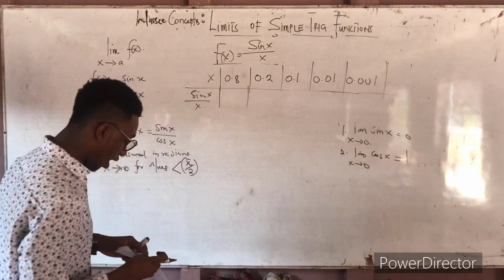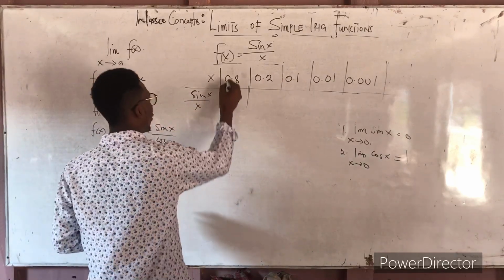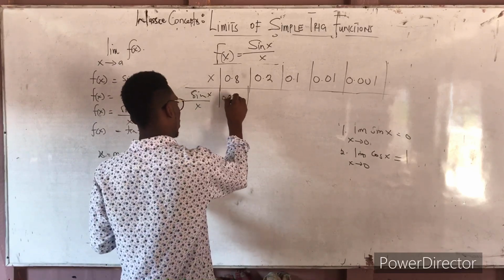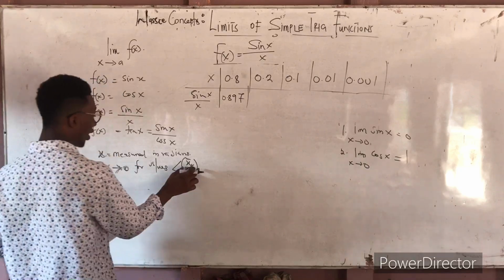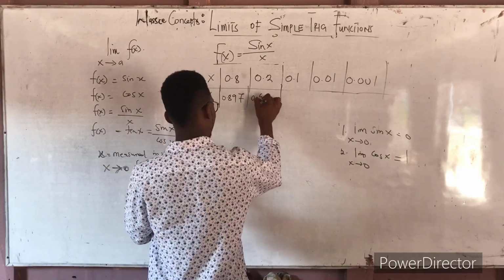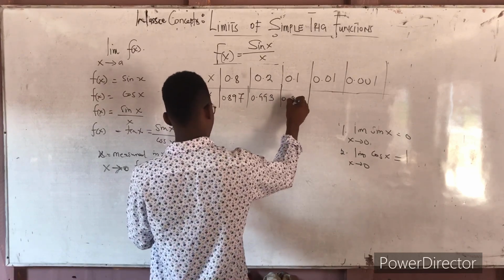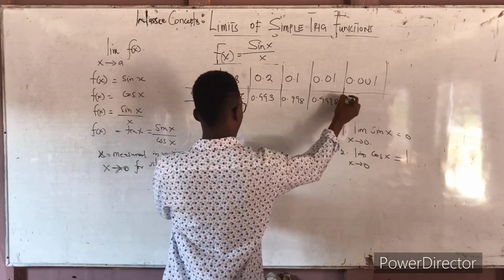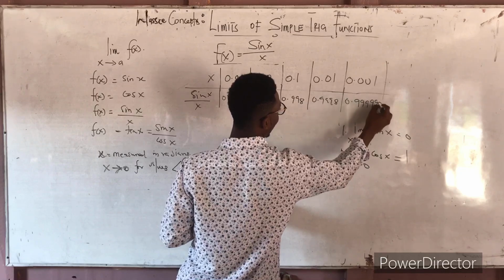Now, if you look at the function sin x over x, for x = 0.8, so sin 0.8 over 0.8, that is x measured in radians for values less than pi on 2. For 0.2, you get 0.993; for 0.1, you get 0.998; then 0.9998, then 0.99998.